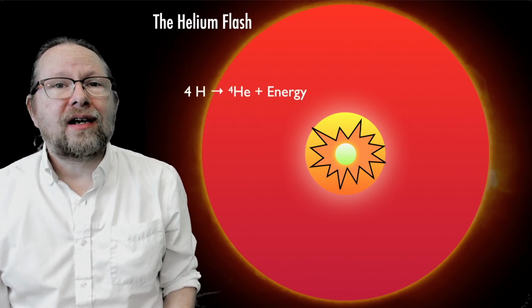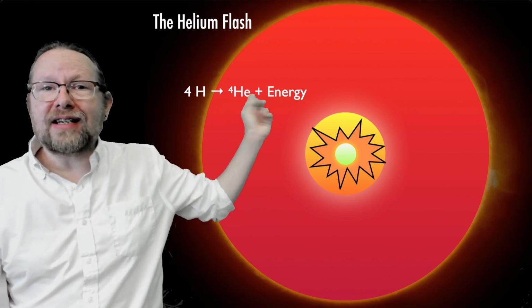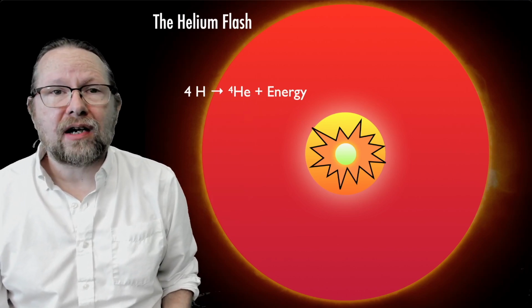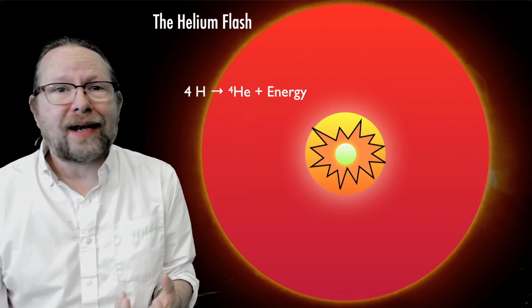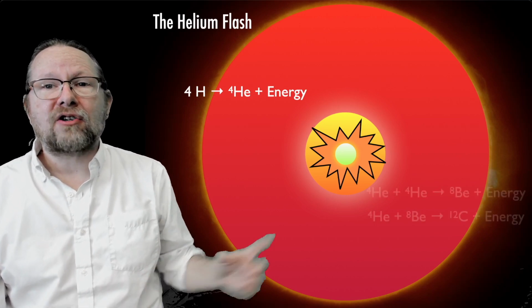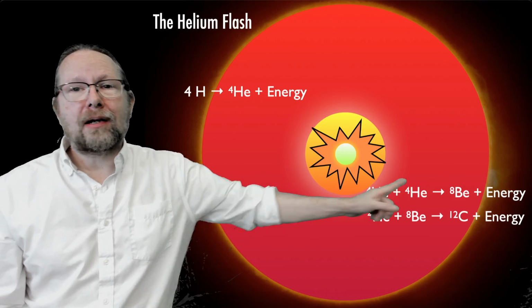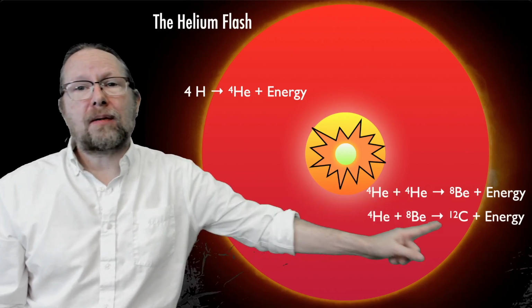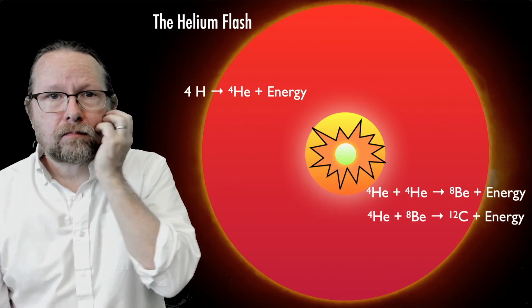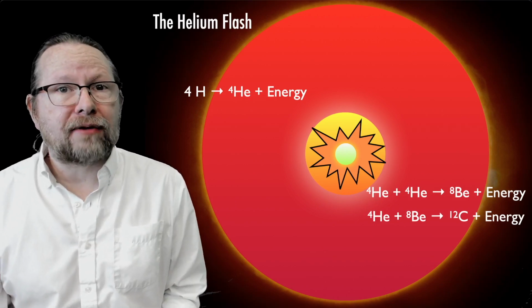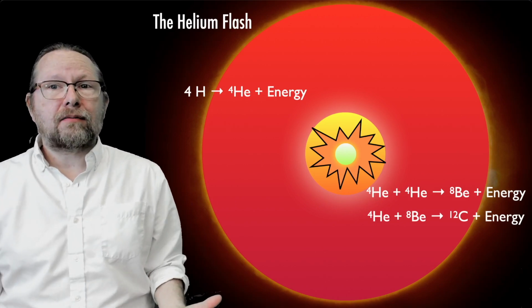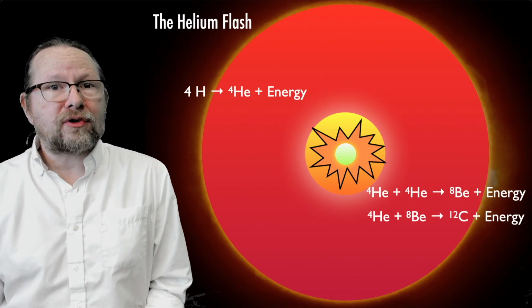Now, all of a sudden, instead of just fusing hydrogens into helium in the core of the sun, all of this helium that's just been hanging around getting in the way for 10 billion years will start to fuse into heavier elements. 2 heliums can make a beryllium, 3 heliums can make a carbon. Both those processes give off energy. So now it's like the sun suddenly has a new source of fuel.